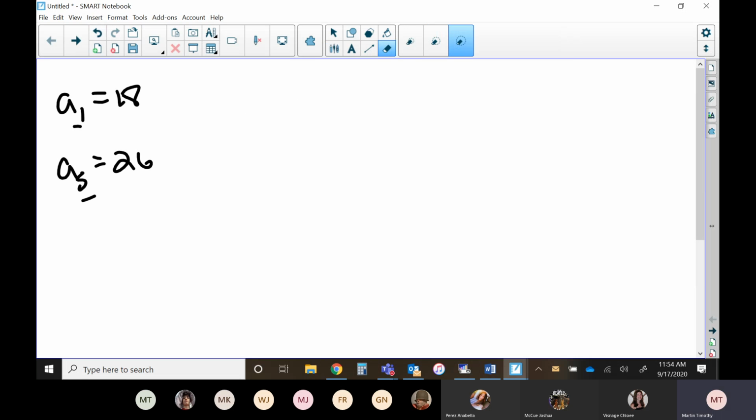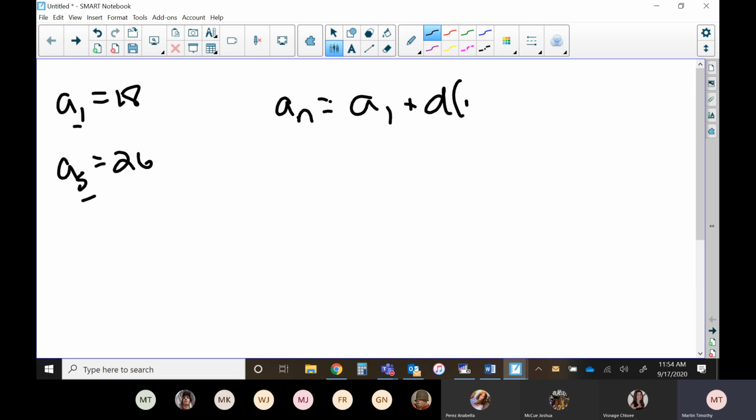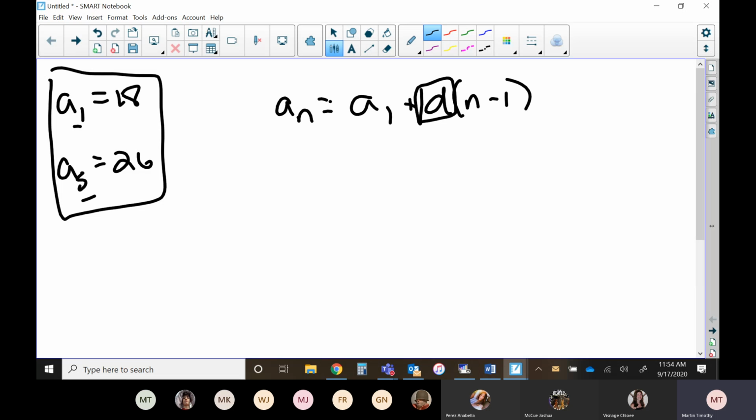Remember my explicit formula? It's an, which is any term I wanted. I just used a1 plus the common difference times n minus 1. Well, what information could I fill in over here that would allow me to work backwards so I could solve this? Because that's what I need. I need my common difference. A1 would be what? 18.